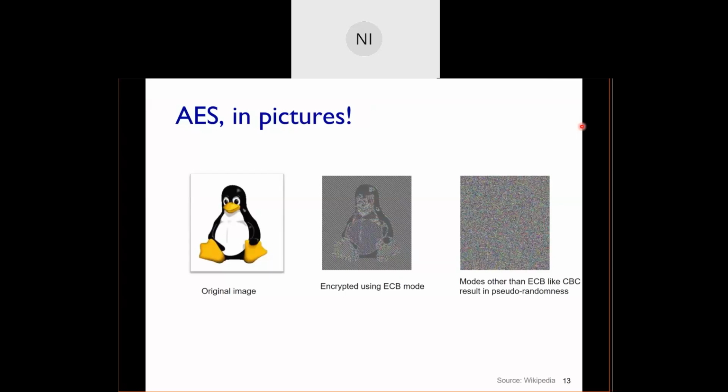Can somebody tell me why, even after encryption, you still see a pattern, more like the original image, in the middle, which is not possible in the other 3 modes of AES? Can somebody guess? Sir, you said right, for similar plain text, we get the same cipher. Look at this penguin.